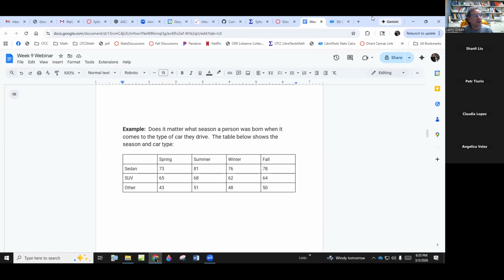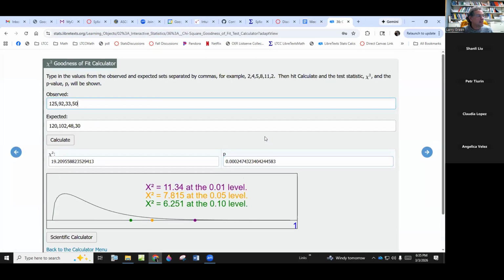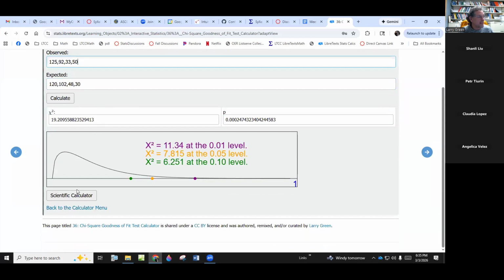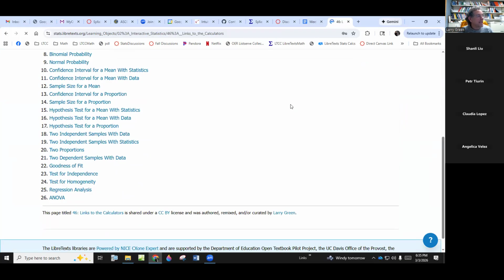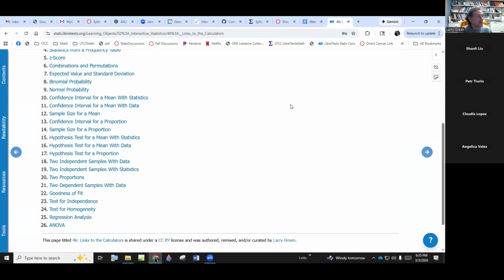Yeah, we go to the calculator. And this is not goodness of fit, so I better leave it. And what test do you think we need to use? What number? Yeah, this is a test for independence. This is 23.